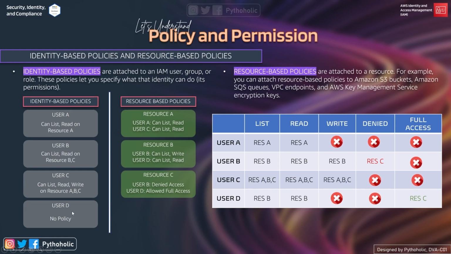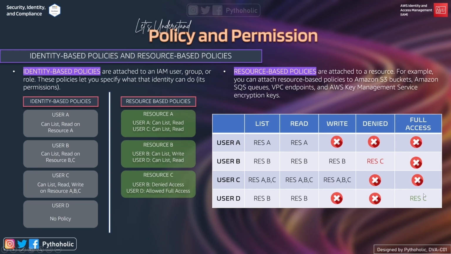Now let's come back to user D. If we see user D, yeah, so here we have resource B, it can list and read. So now we have written list and read for resource B. And now on resource C, it has full access.